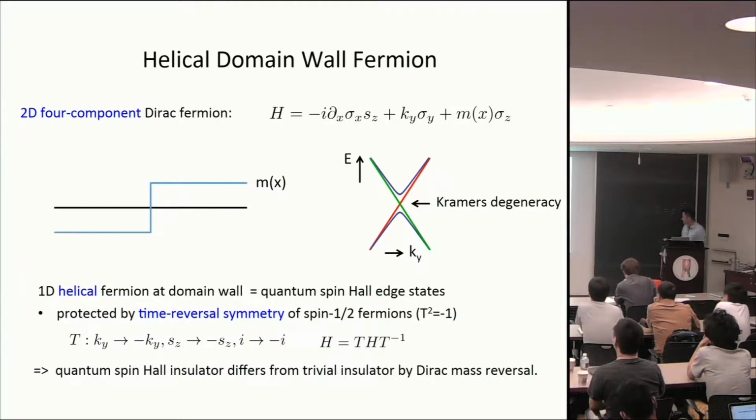So to summarize, this gives rise to protected edge modes at the boundary of the Kane-Mele insulator, and it differs from a trivial insulator by a Dirac mass reversal. But now we're dealing with the four-component Dirac equation in the presence of time reversal symmetry.